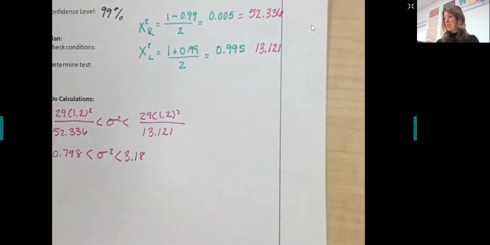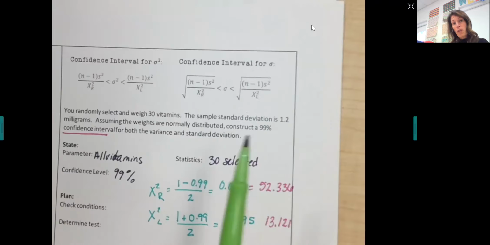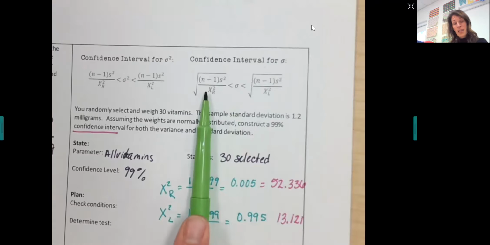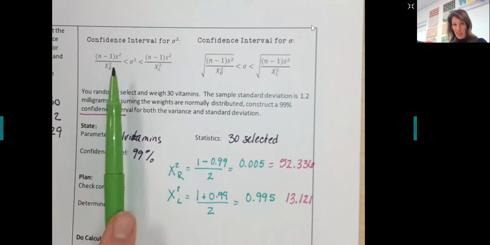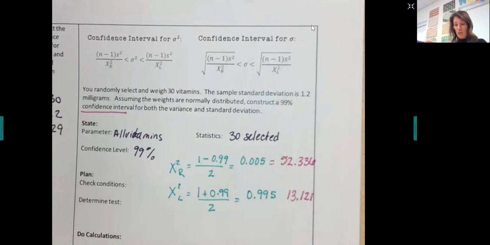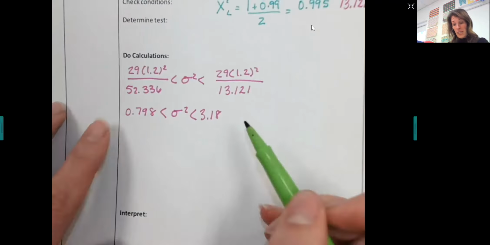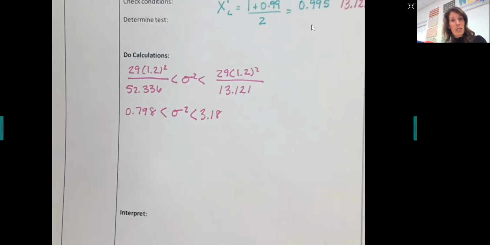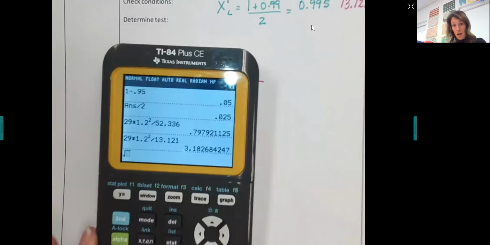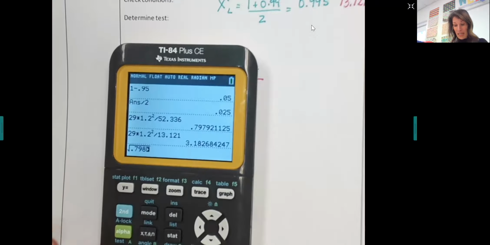Then, if I want to do my standard deviation, I'm just going to take the square root of both of those. If we look at this, it's the square root of the answer that I get here. And here it's the square root. So this is my variance. I know it's my variance because it says it's squared. I'm going to take the square root of 0.798.